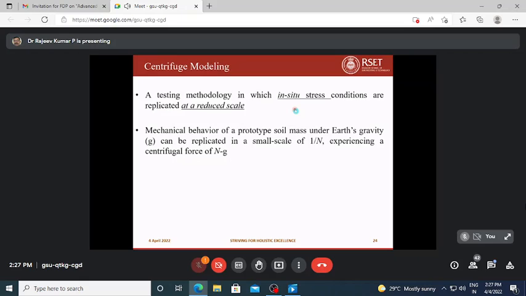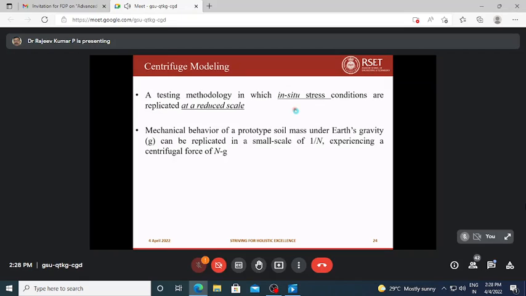Geotechnical centrifuge modeling is a kind of testing methodology in which the in-situ stress conditions can be simulated. You know that with respect to depth, the stress conditions increase. We can simulate such a scenario at a reduced scale.